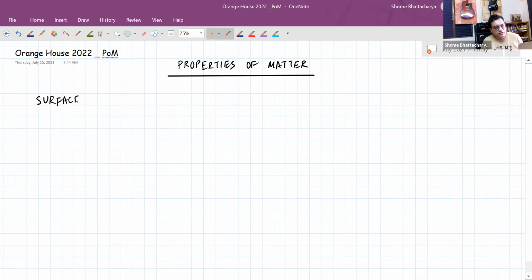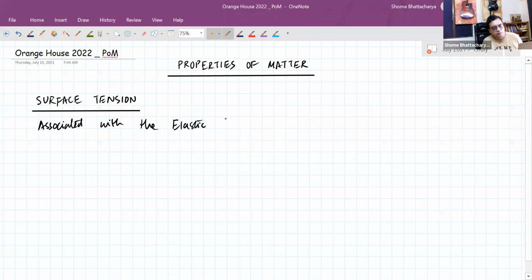So surface tension. Surface tension is to do with the elastic property of the surface of a liquid.